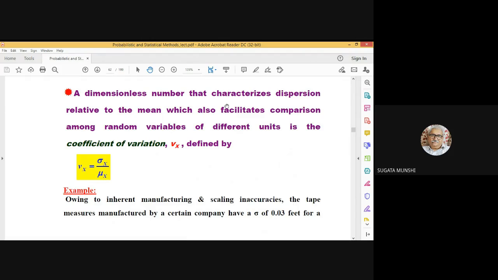If you consider two voltage signals, in one case, say the voltage is having a variance of 0.3 volt, all right. In another case, you find that the variance of the voltage is 1 volt, all right. So comparing the two voltage signals vis-a-vis the spread about its mean, can you compare it?